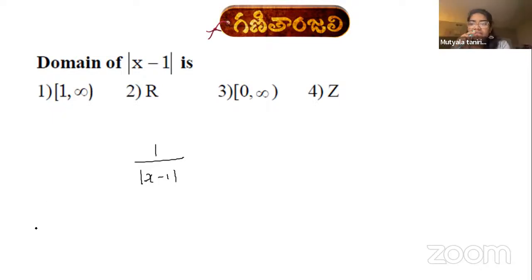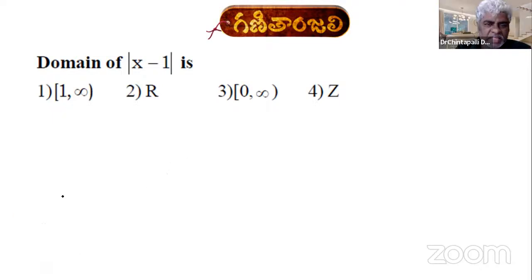Or real numbers? Is there any condition to write in the place of x? No. So all real numbers are allowed; we can write any real number in that place. Option 2, R. So the domain of that function is R only. Right, very good.